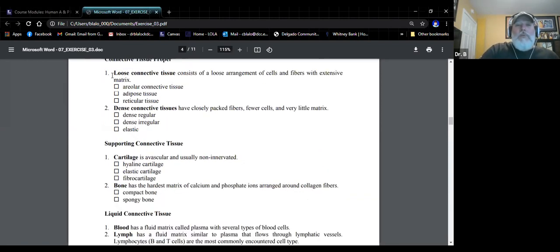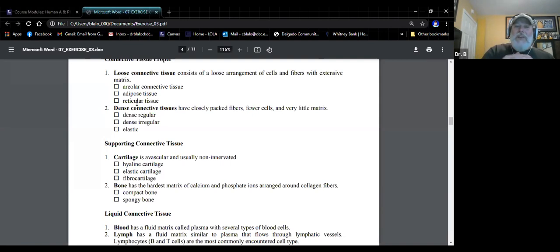But we're going to start with loose connective tissue, and we're going to start to identify each of the different connective tissues. Just like we did with epithelial tissue, I'm going to describe the connective tissue to you. I'm going to identify some of the cells that we find scattered through the connective tissue, just like we identified some of the things in the epithelial tissue, like the apical surface and the basal surface and villi and goblet cells and those types of things.